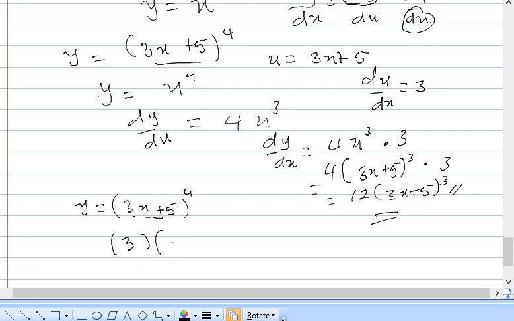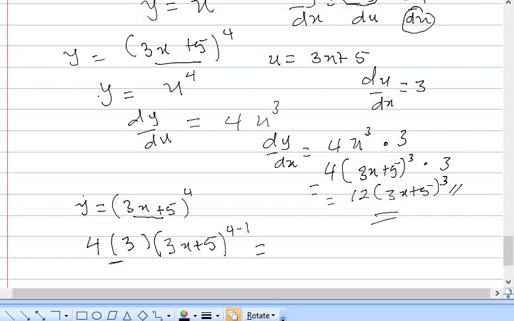And then take the whole parentheses with the power and subtract 1 from it. So the differential of the parentheses is 3, and then this power should be multiplied by the parentheses, that is this 4, the way you do normal differentiation, and then take the whole expression and subtract 1 from the power, giving 3x plus 5 power 4 minus 1.